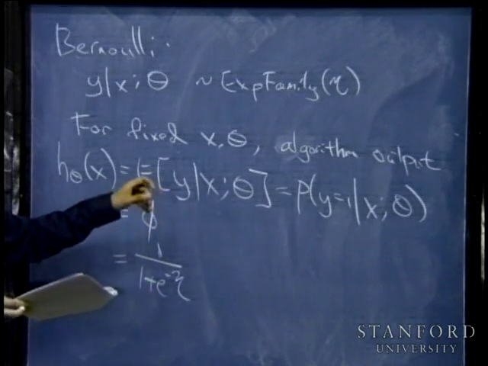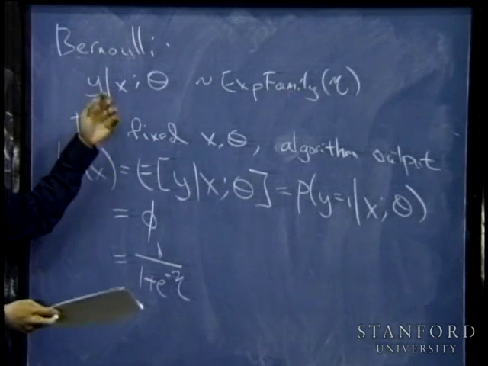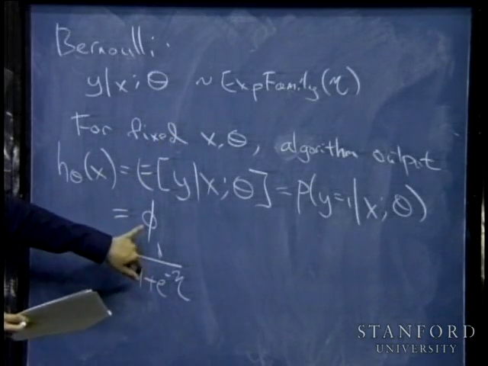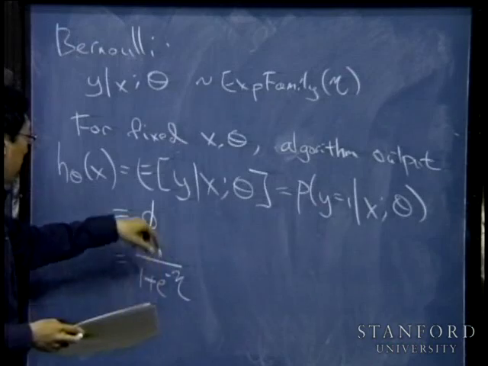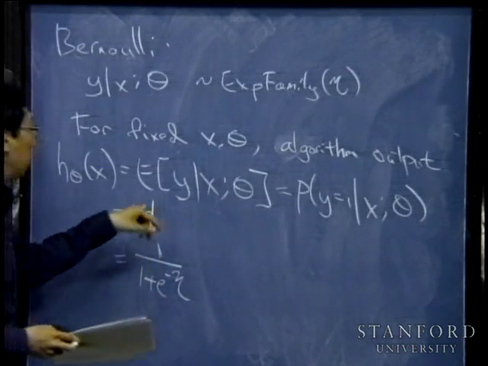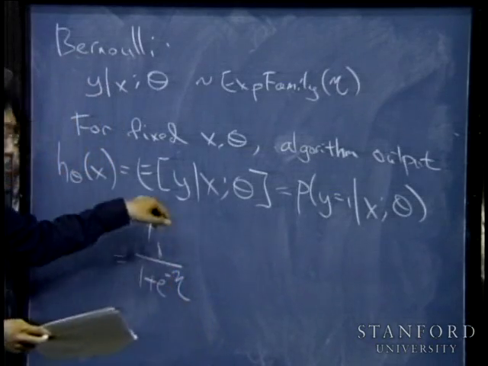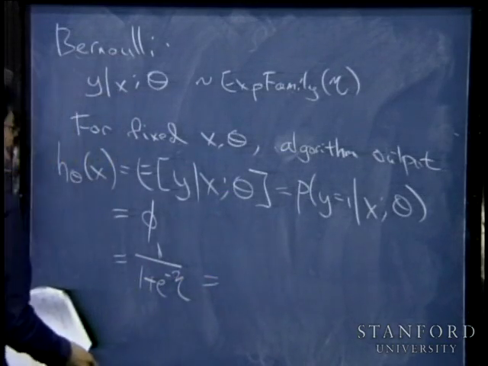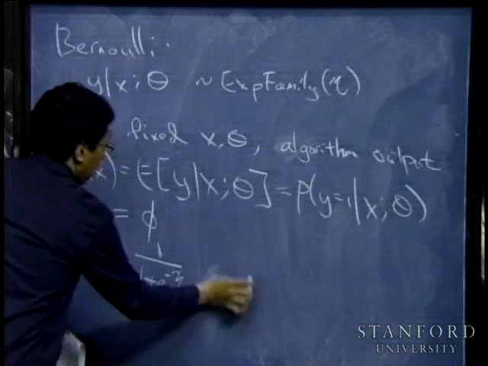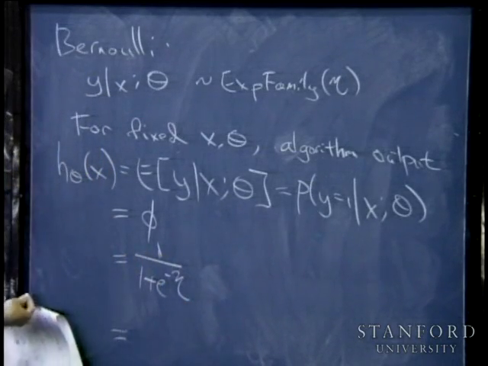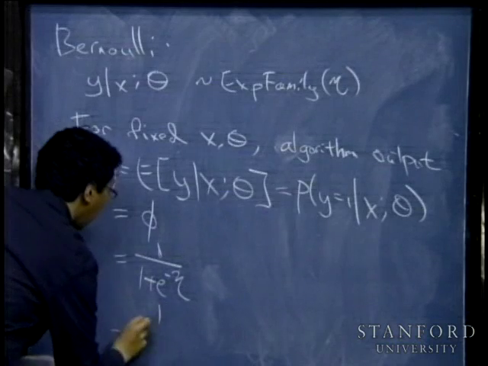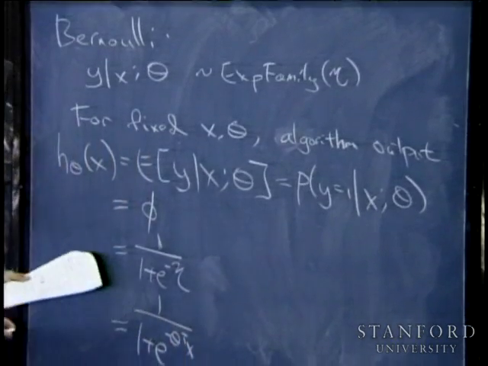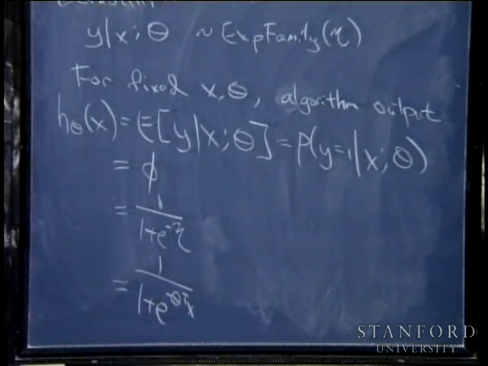When we wrote down the Bernoulli distribution in the form of an exponential family, we worked out the relationship between phi and eta, and it was this. And lastly, because we made the design choice or the assumption that eta and theta are linearly related, this is therefore equal to 1 over 1 plus e to the minus theta transpose x. Okay?